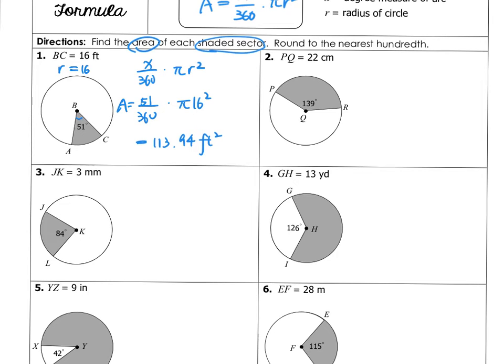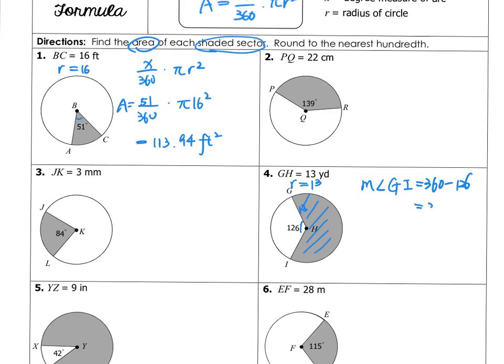So let me jump to number 4. GH over here is 13, so that's my R equal to 13. If I'm looking for the shaded area, I don't know the central angle, but I know this part is 126. So first of all, I have to find the angle measure of GI, which is 360 minus 126.